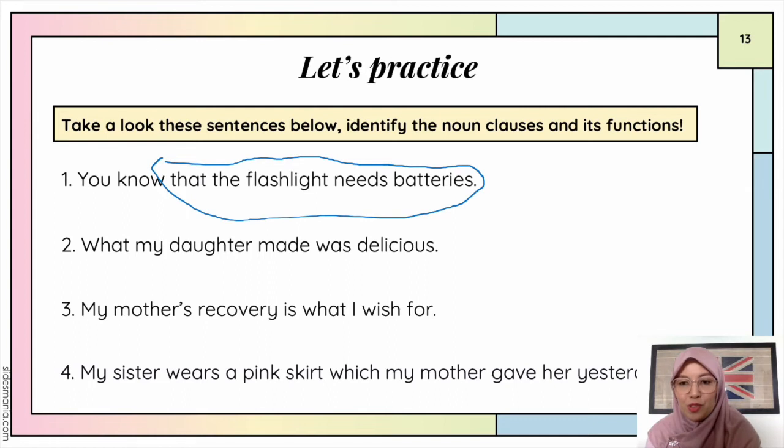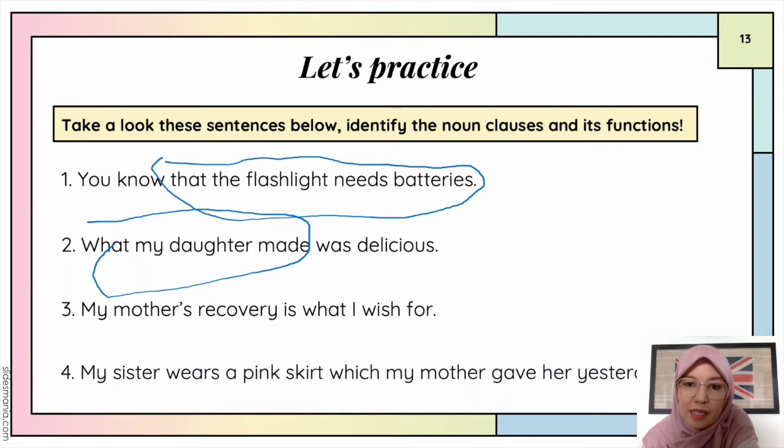Let's check number 2. How about it? Great, the noun clause is what my daughter made. As you can see, the noun clause is placed at the beginning of the sentence. Can you guess its function? Excellent, you're right.